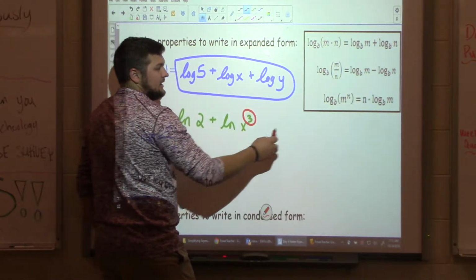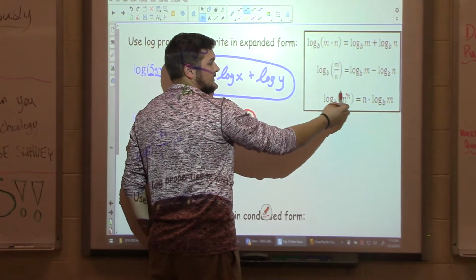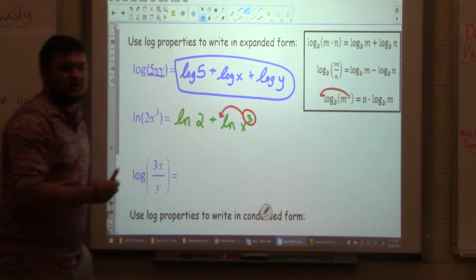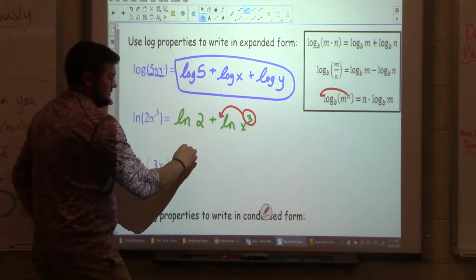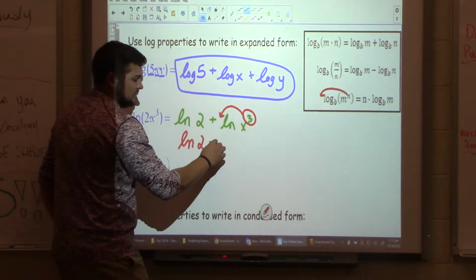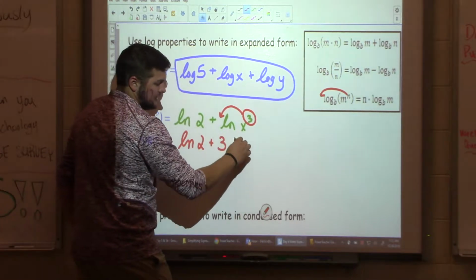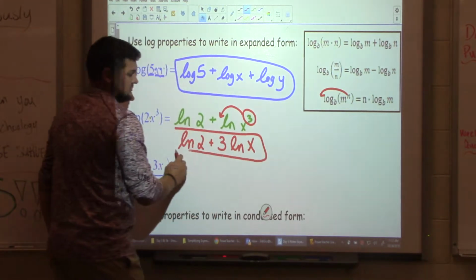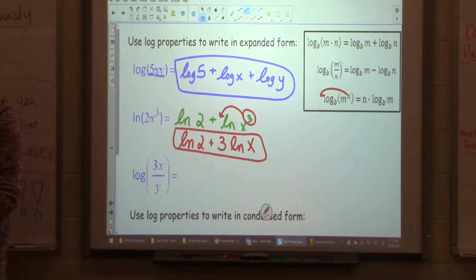And when I'm expanding, that exponent gets moved out front. So I'm taking this 3, moving it out front, turning it into a product. The natural log of 2 plus 3 times the natural log of x. And that's my final answer. I have no more multiplication or division in there, and I have no exponents.